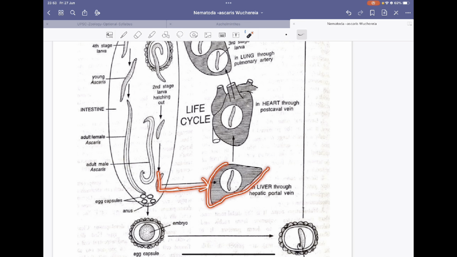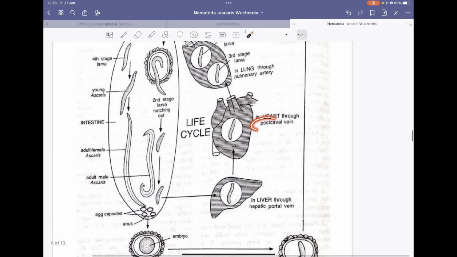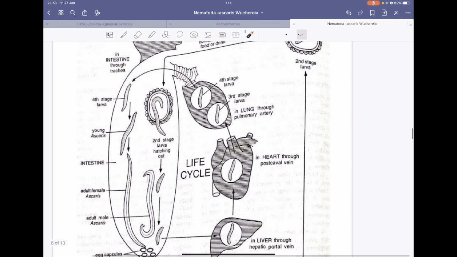the liver. From the liver they will enter into the hepatic portal vein. In the hepatic portal vein, they will move towards the heart through the postcaval vein. After moving through the postcaval vein, they will also enter into the lungs, because the respiratory and circulatory systems are interconnected.